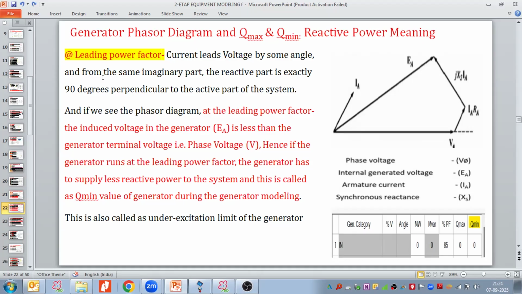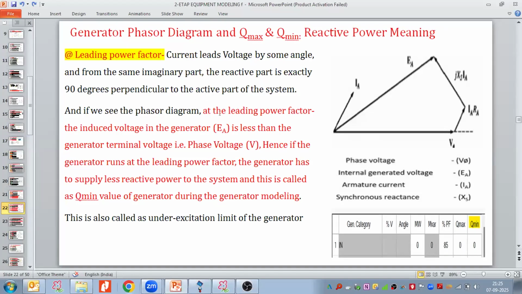From the same imaginary part, the reactive part is exactly 90 degrees. Here I have the active part IA into RA, and from the same 90-degree angle we have my reactive power. So here it is my EA, which is the generator internal induced voltage, to the active part of the system.